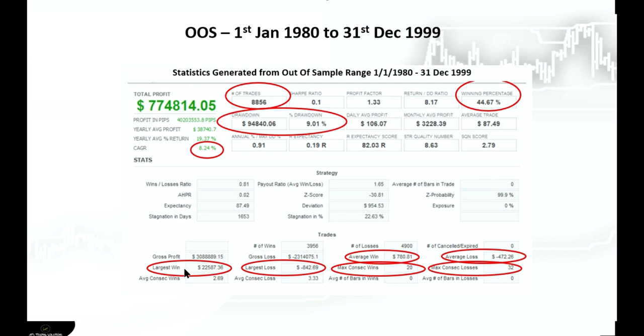Also, the largest win and the largest loss are important statistics to us. The largest win in dollar terms against the largest loss in dollar terms tells us whether we are successfully hunting for these outliers.